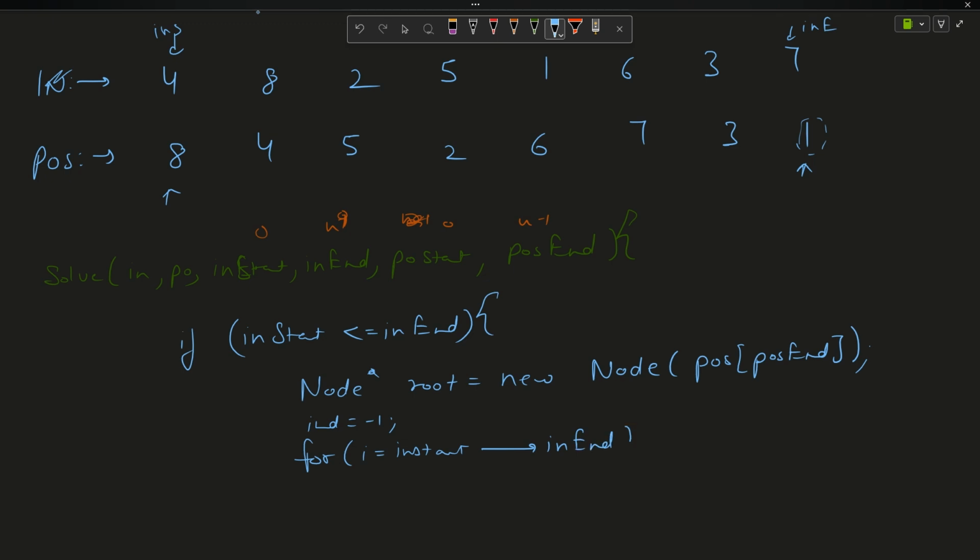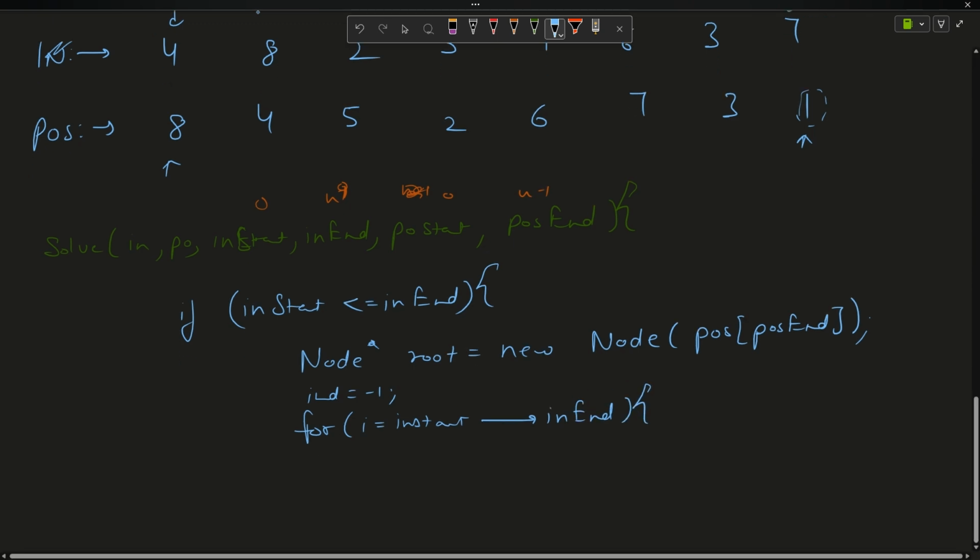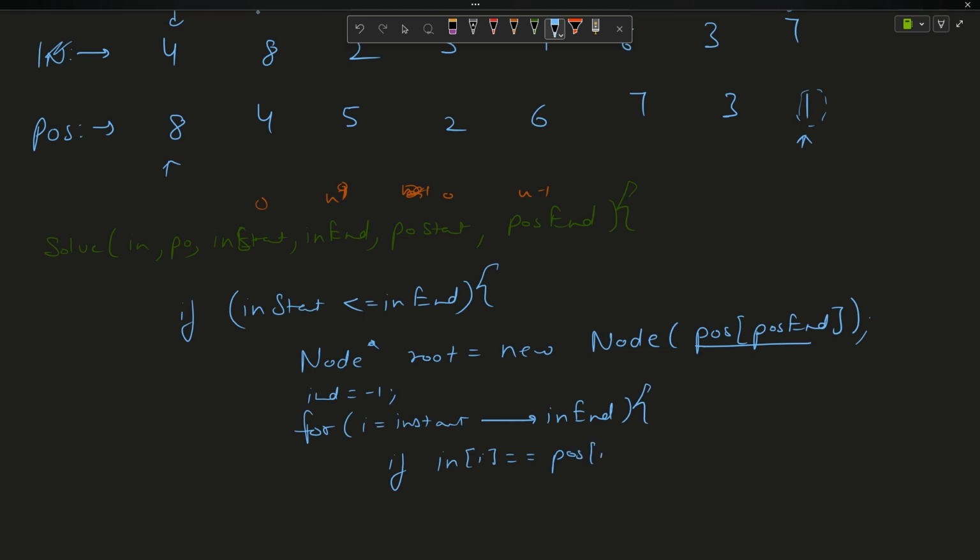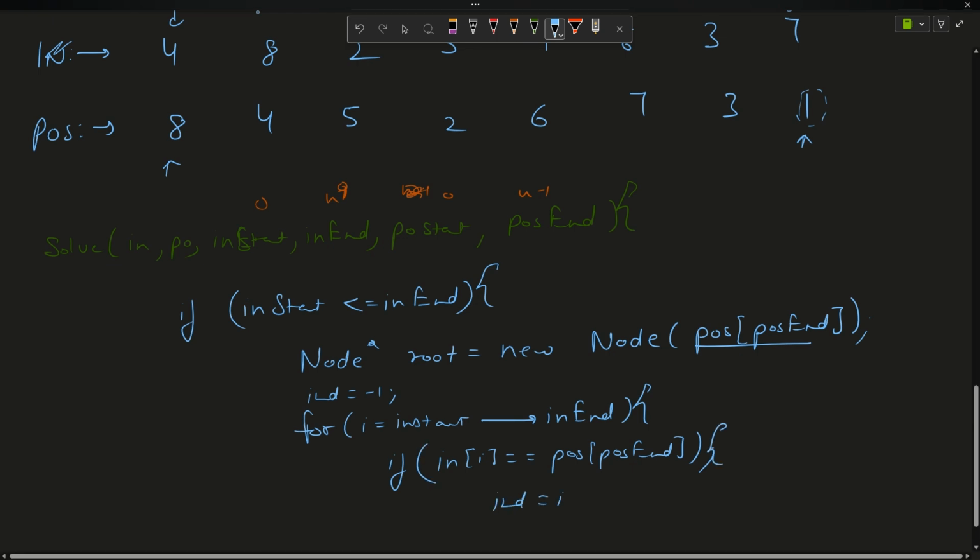That is the range for the in order traversal. I will say if that element is equal to this element, post of post end, congratulations, we have found our splitting point. What will I say? I will assign that value to my index and break out of the loop, because I've got the value. Break out of the loop, right?